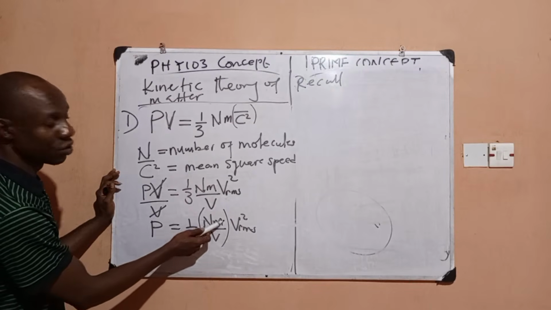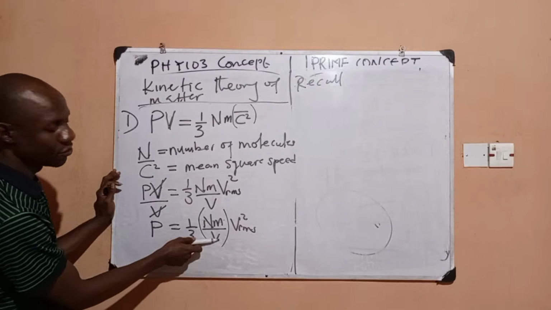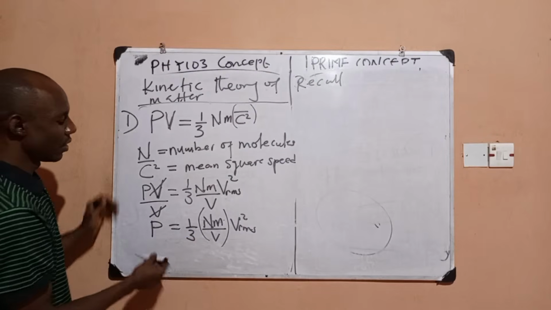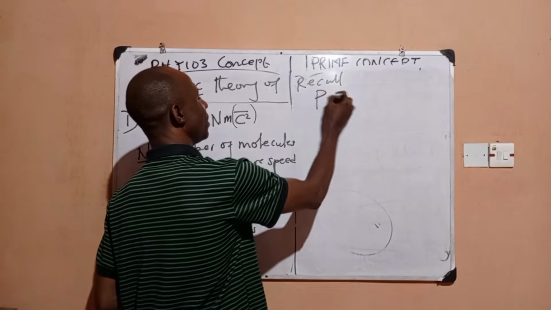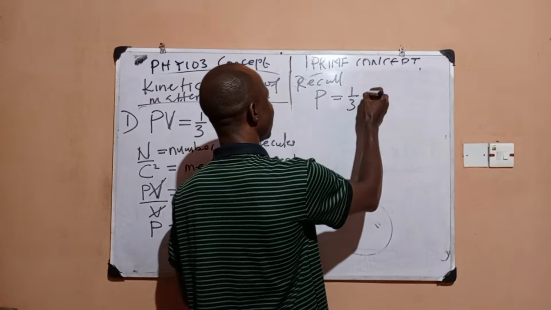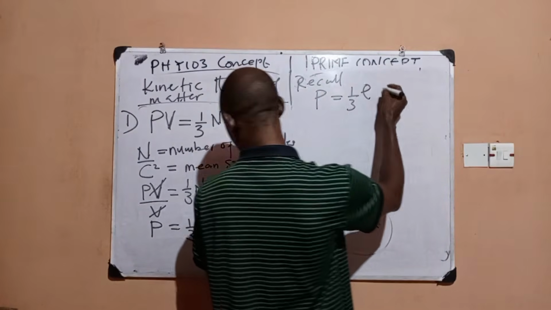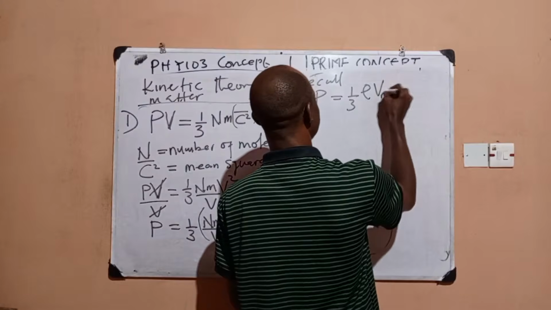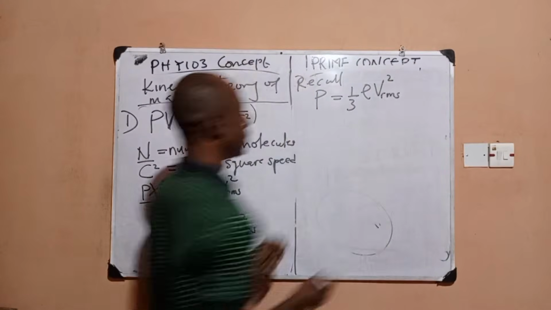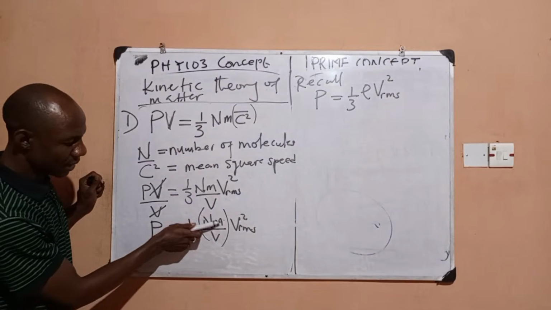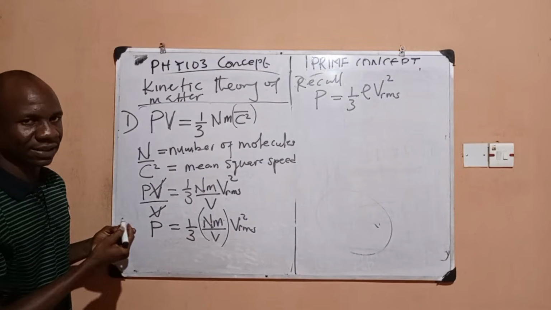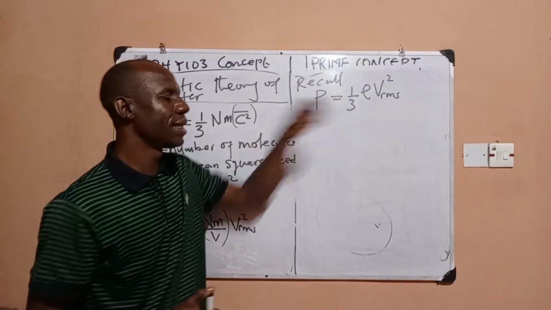Density. Remember, N times M is total mass. So mass over volume is density. So I can write P as 1 over 3 times density times RMS speed squared, where this over this is density. So I've written it as density.